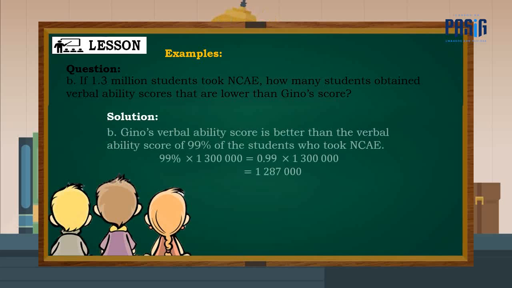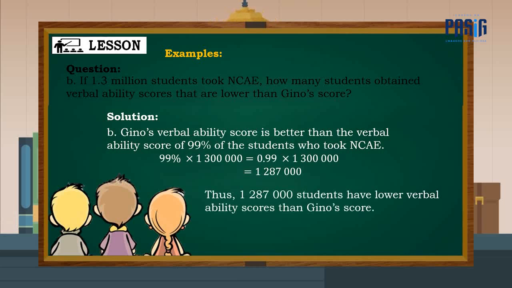Solution. Gino's verbal ability score is better than the verbal ability score of 99% of the students who took NCAE. 99% times 1,300,000 is equal to 0.99 times 1,300,000, which is equal to 1,287,000.